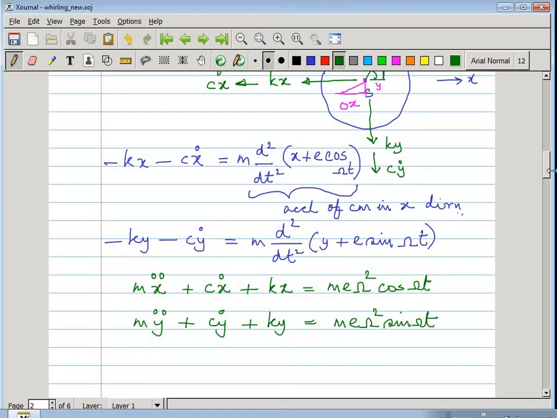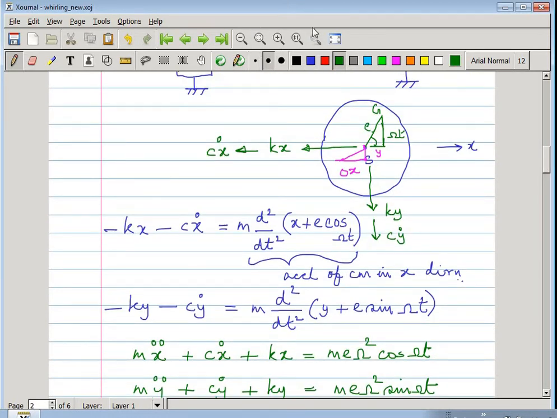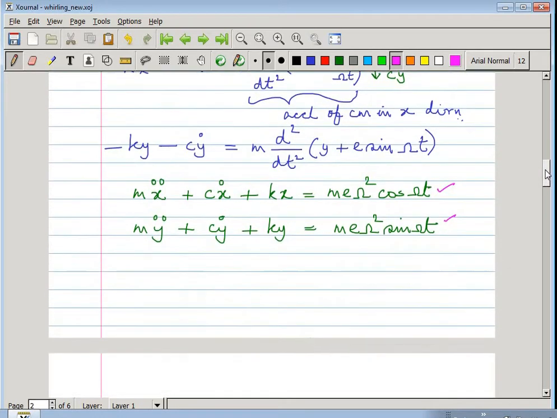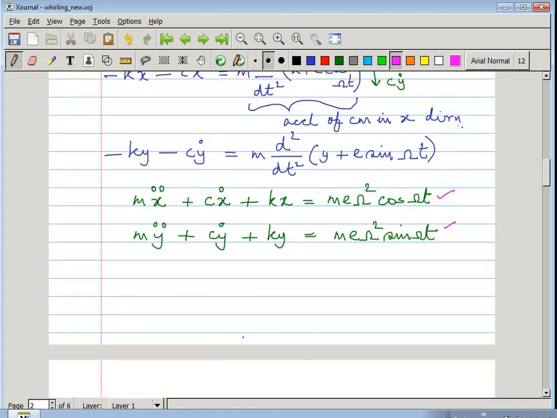If you carefully look, this is the x component of the centrifugal force, and m e omega square sin omega t is the y component of the centrifugal force, if you want to explain it that way.